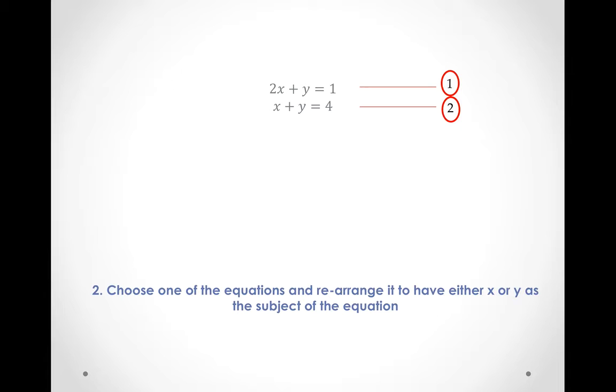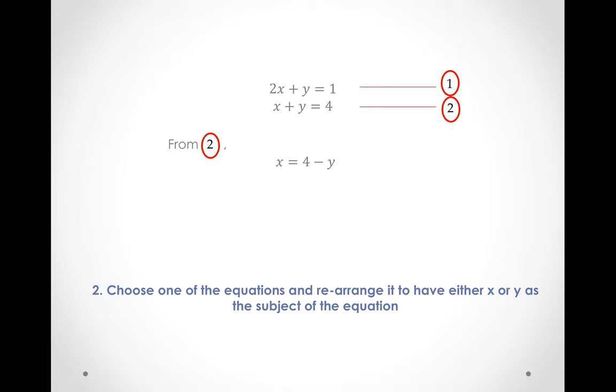Now, I'll go through this, but I hope you remember that when we get x or y as the subject of the equation, it means that we're going to put one of those pronumerals on the left-hand side all by itself of the equal sign. So, I'm going to choose equation 2, and I would write in my second step, from 2, comma.